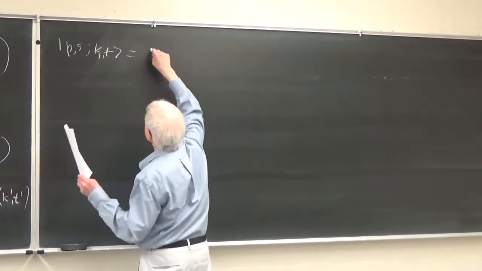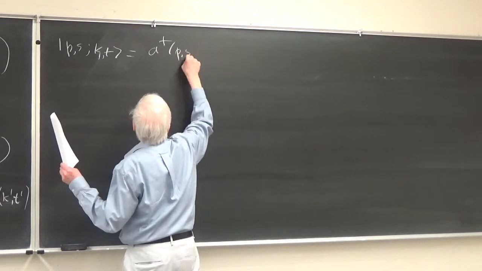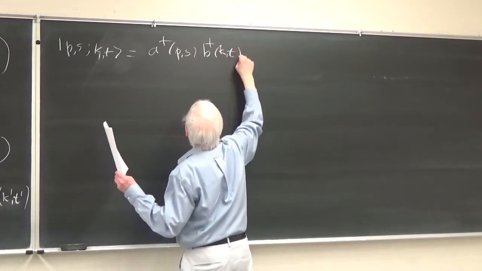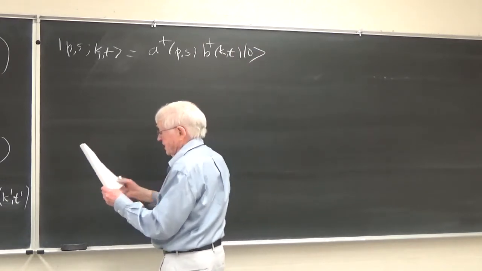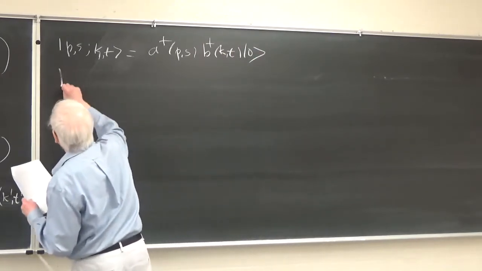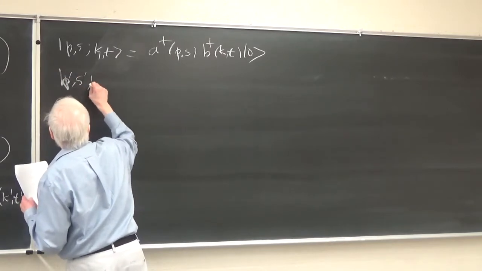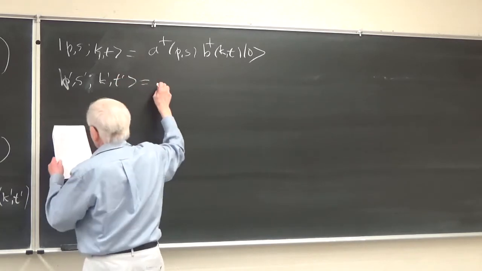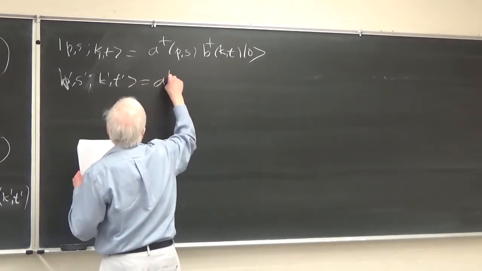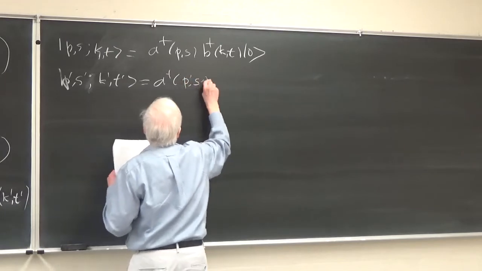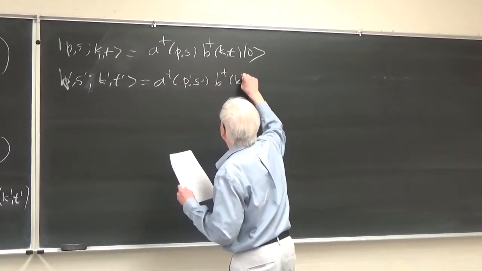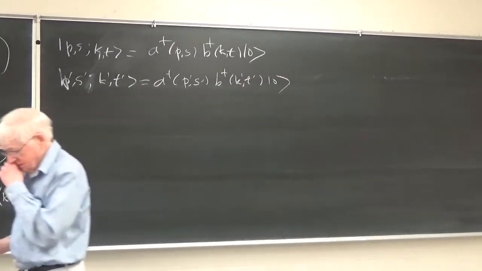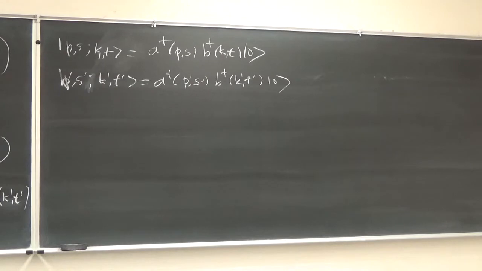And this is a†(p, s) b†(k, t) on the vacuum, and the final state is p′, s′, k′, t′, which is obviously the same thing, just a lot of primes. And of course, since it's the final state, we look at it as a bra rather than a ket.